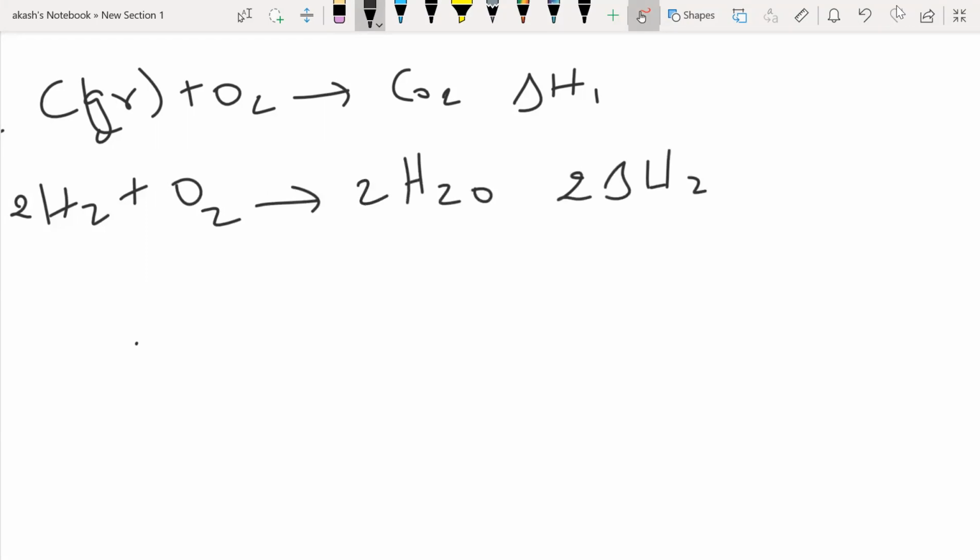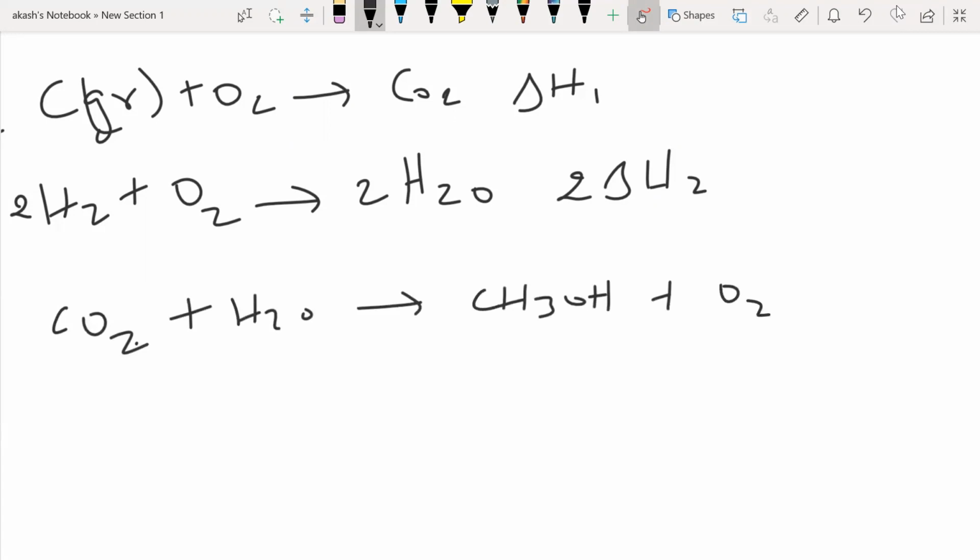Now third equation we have reversed it, right? So it would have become CO2 plus H2O gives CH3OH plus O2, right? And I think I have to balance it.